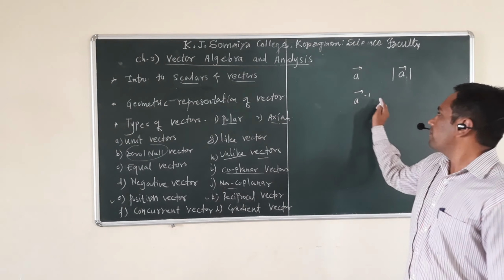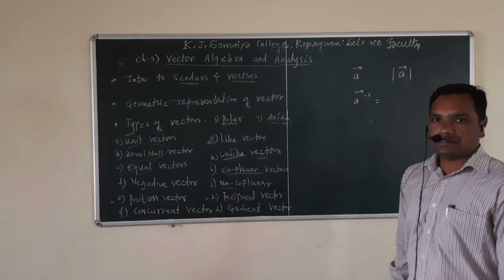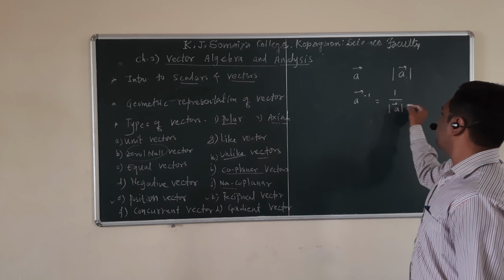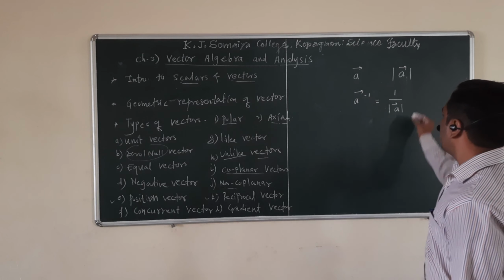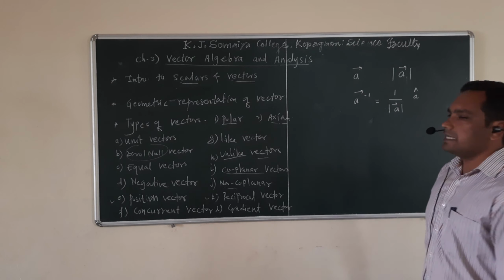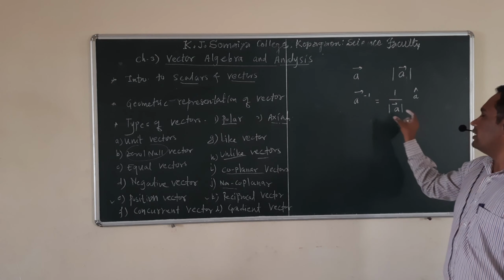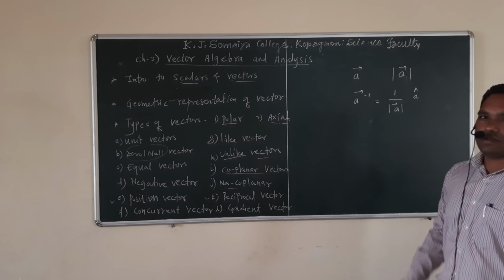Its magnitude is the reciprocal of the magnitude of the given vector, but the direction is the same as this vector. A cap is the unit vector which represents the direction of vector A. So in this way we can define reciprocal vector.